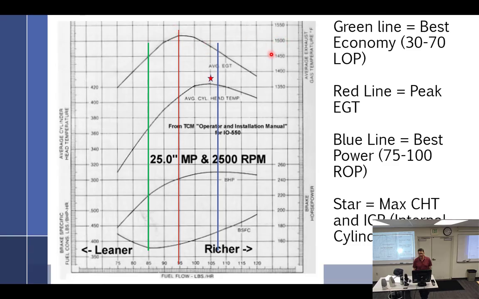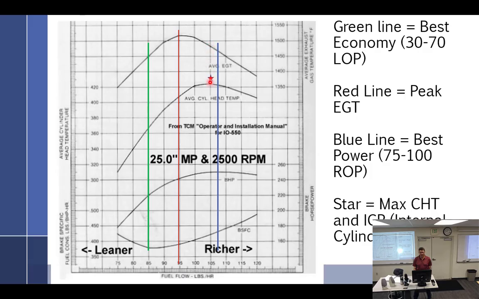So from 15 to 25, 50 would be right about in the middle here. That would put us right about here on the blue line, best power, 75 to 100%. So 50 degrees rich of peak will put me about where that dot is.